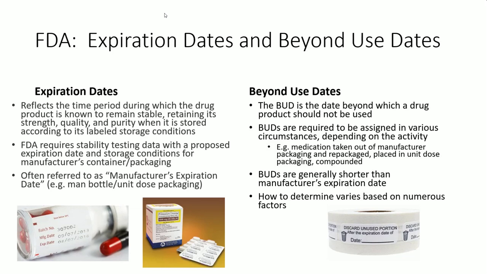So you can't assume that when you take a product out of its manufacturer's bottle and move it somewhere else, it's going to retain that same expiration date. It's stable within the manufacturer's bottle because they did studies on it in that packaging, but once you remove it, things can change.